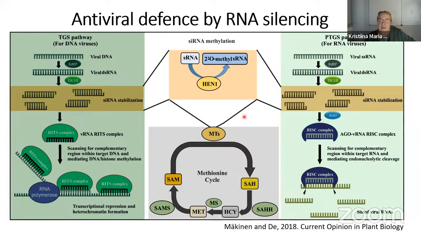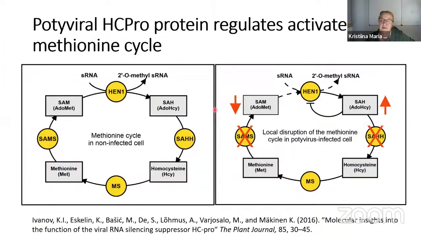Now this helper component proteinase has been shown to interact with HEN1, and in one of our previous studies we showed that it also interacts with S-adenosyl methionine synthetase and with hydroxylase, which are important enzymes of the methionine cycle.